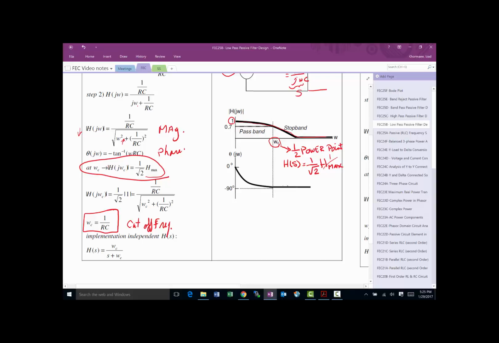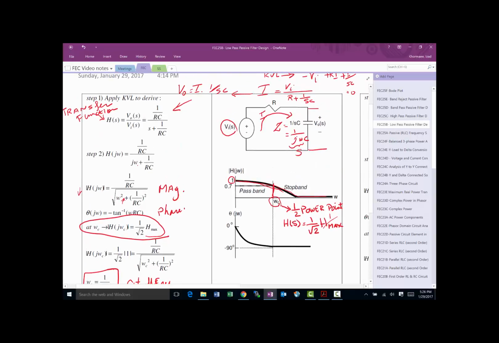You can also plot the theta, but we're focusing on the amplitude at this point. For any low-pass filter, regardless of how we design it, you can use H(s) equal to omega c over s plus omega c, and remember s is j omega. As frequency changes, this equation describes the low-pass filter, and the cutoff frequency is where the half power point is.